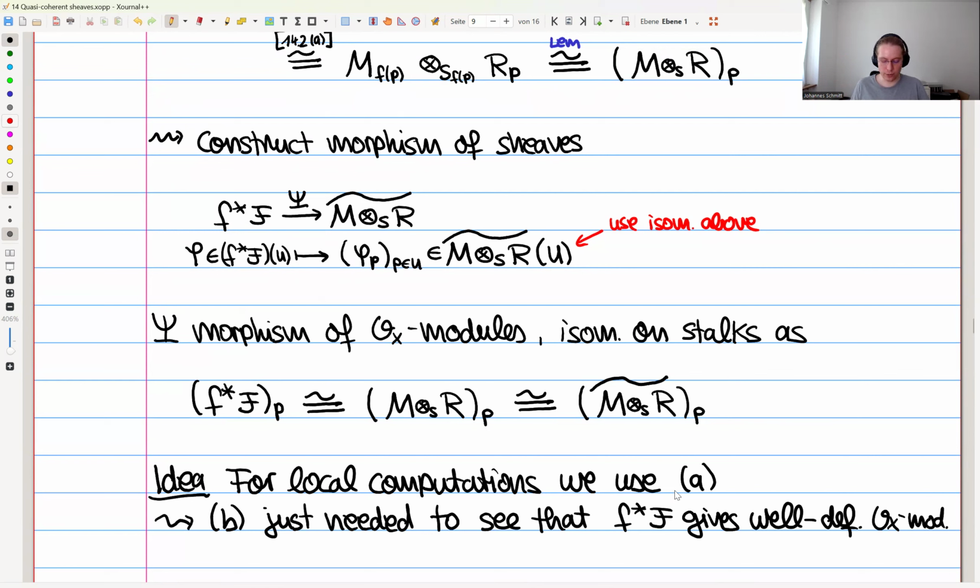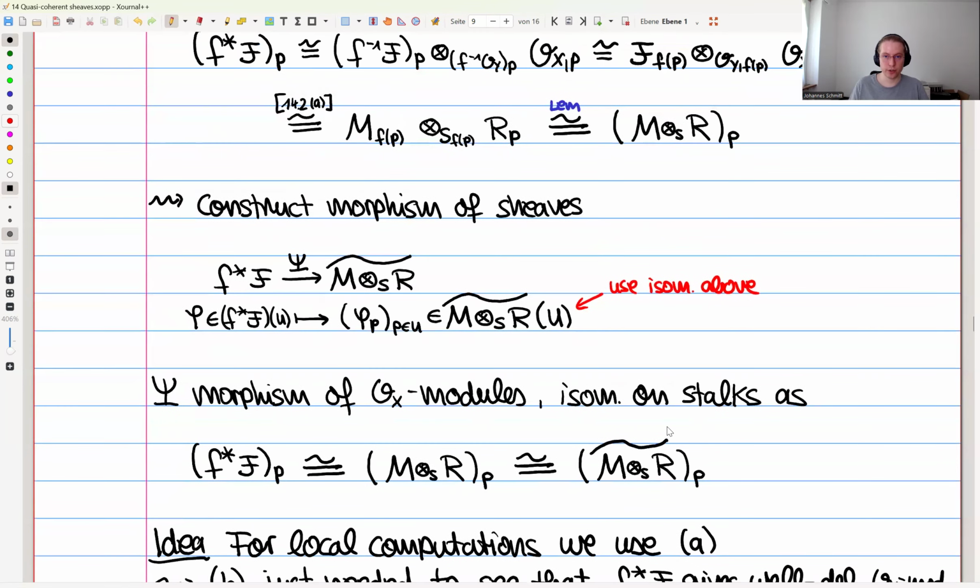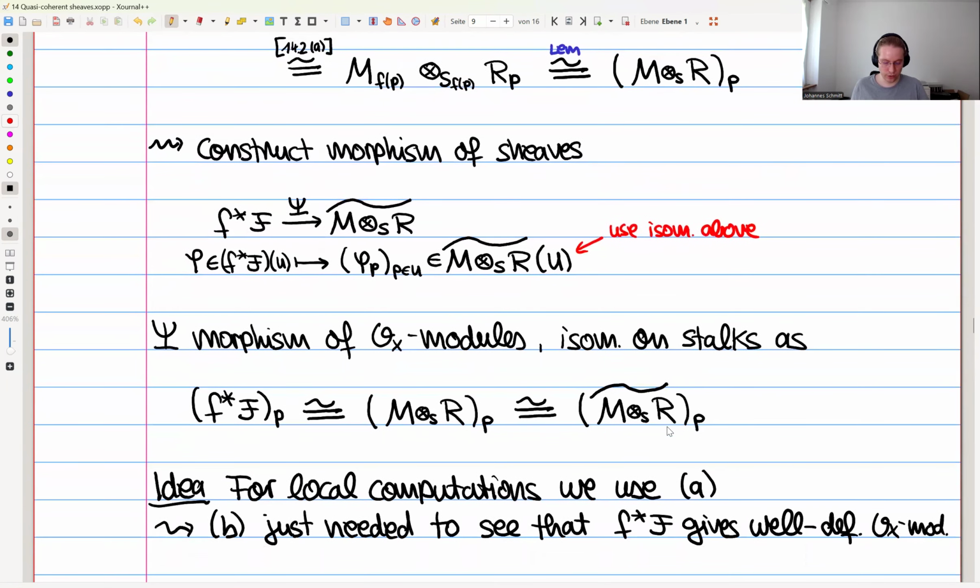And so for any local computations, you can always just use this part A, and then you really just have to take the module, take the tensor product. So this is this operation of pullback, and this is actually a very useful operation, as we're going to see in some applications in the last videos of the lecture.